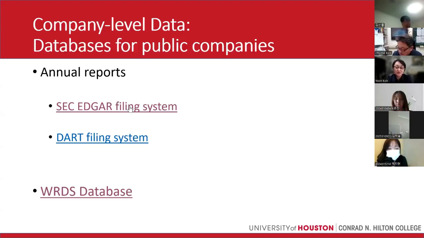There are different kinds of reports: current reports, quarterly reports, proxy reports, and things like that. But the annual report's form name is 10-K, and if you click it, you can go to their annual report directly.